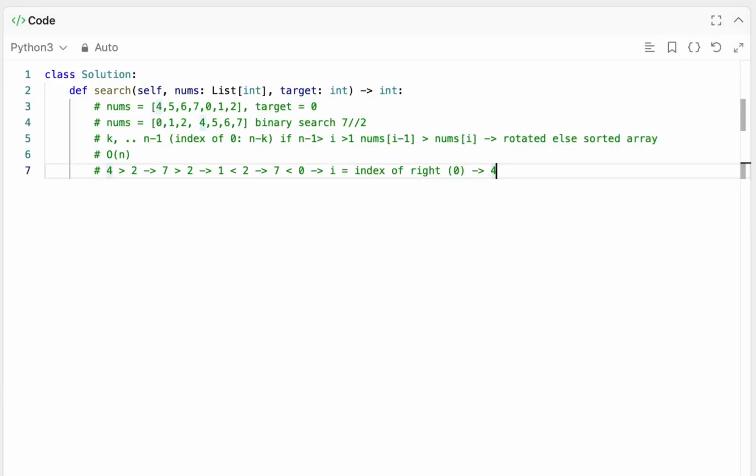As we know that k is equal to 4 here, and n, the length of nums, is equal to 7.